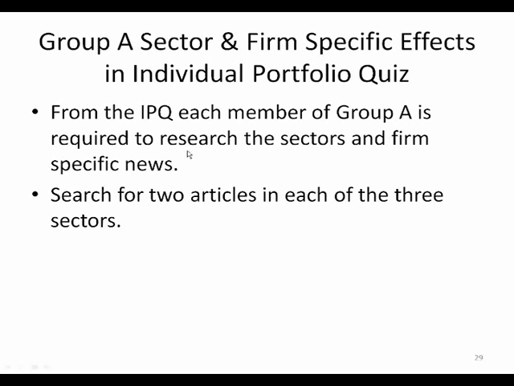Now, once again, each individual in the group will be required to look at the section of the individual portfolio quiz which will consider sector and firm specific news. And each individual prior to the actual tutorial debate will be required to find 2 news stories in each sector.